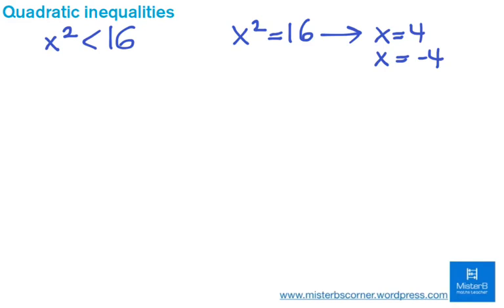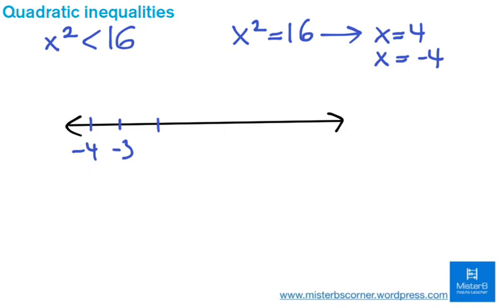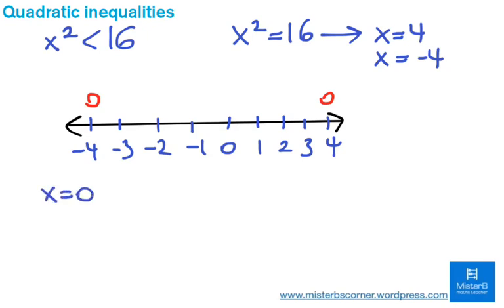So if we consider the number line again, in this case I'm going to go like, minus 4, minus 3, minus 2, minus 1, 0, 1, 2, 3, 4, and then I will have the borders marked, and I can try any number in between, like 0, which is the easiest to calculate.